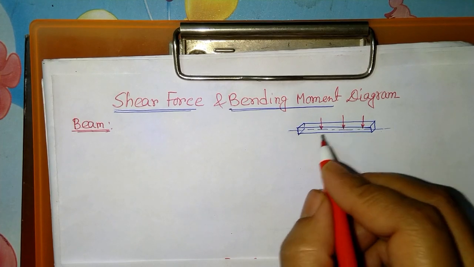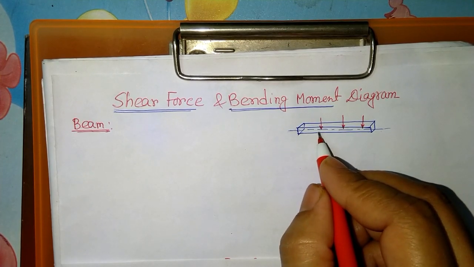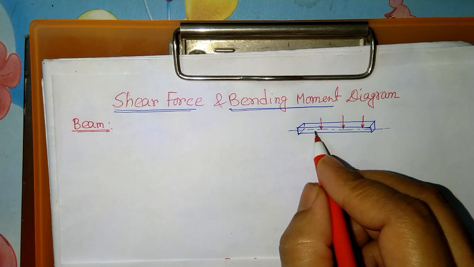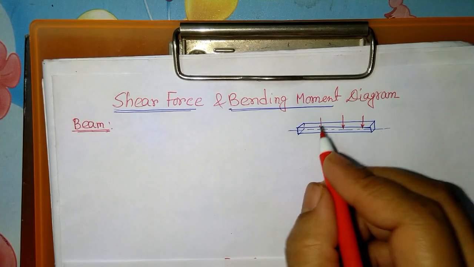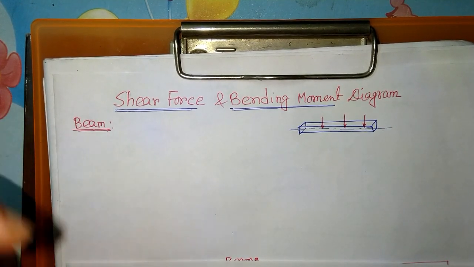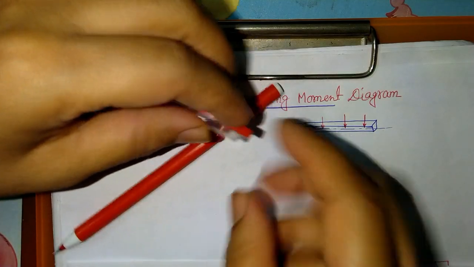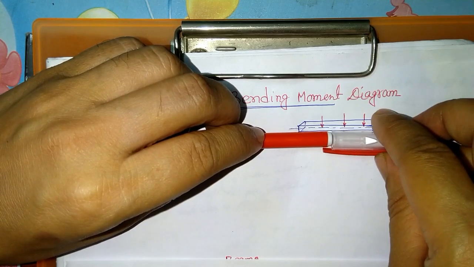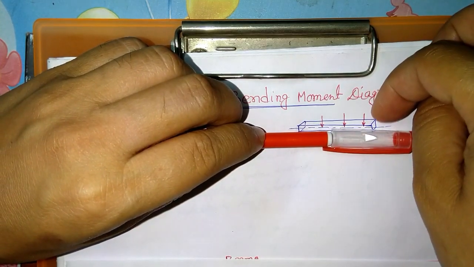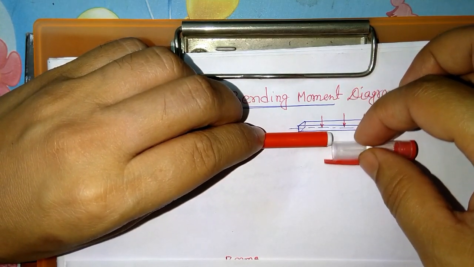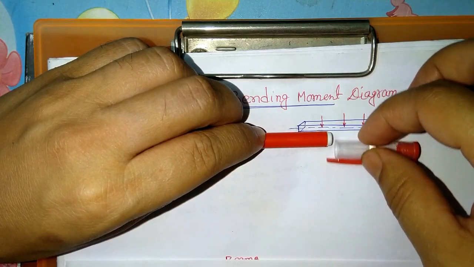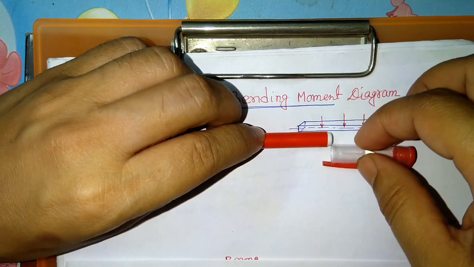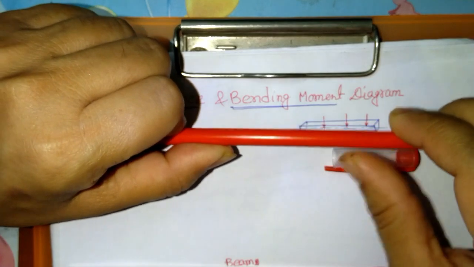Okay, and due to this transverse load, the beam tends to shear off. Suppose I have this as a beam. When forces are acting, it tends to shear off due to this vertical load, or it tends to bend like that.